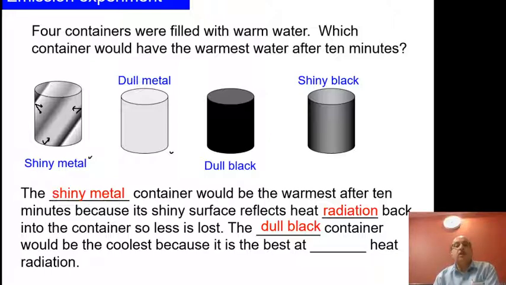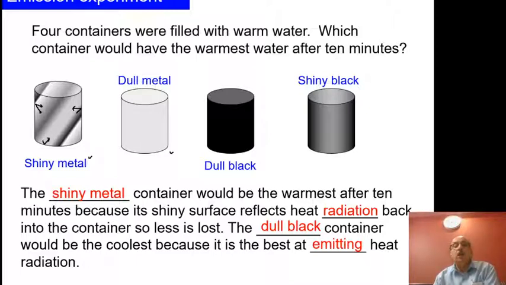The container of dull black will be coolest because it is the best at emitting heat. According to Kirchhoff's law, this is a black body. It will absorb the radiation. It will have the best absorptivity.